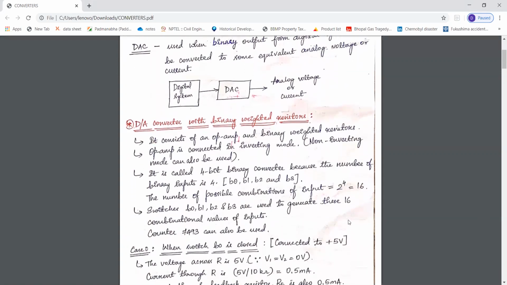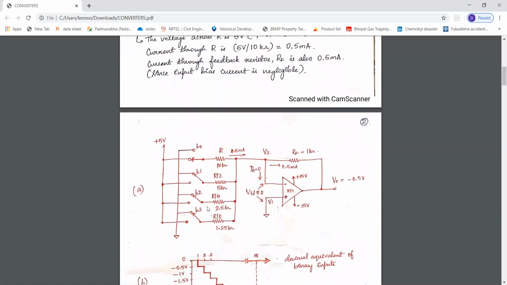So here, this is the configuration of a DAC with binary weighted resistors. These are the binary weighted resistors, namely R, R by 2, R by 4 and R by 8.